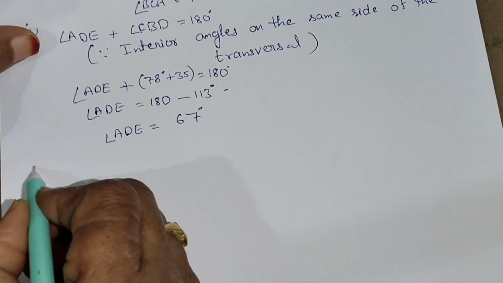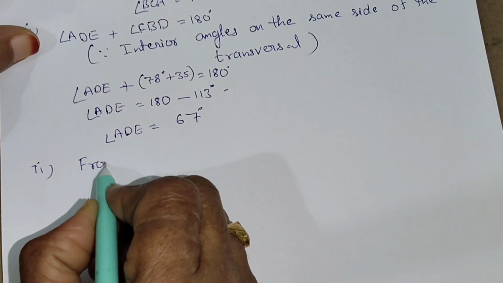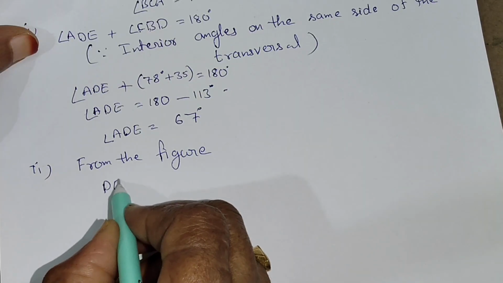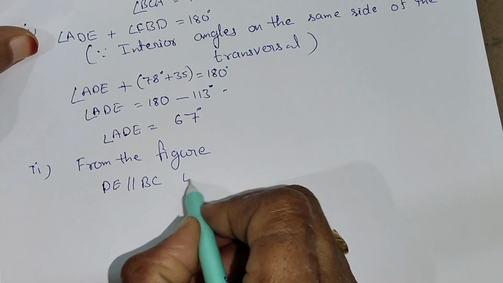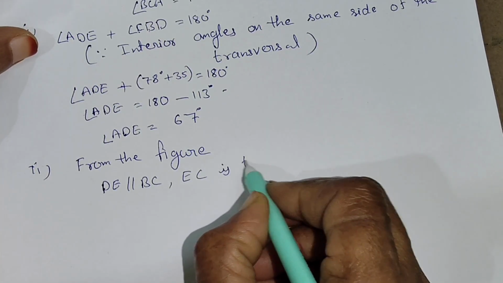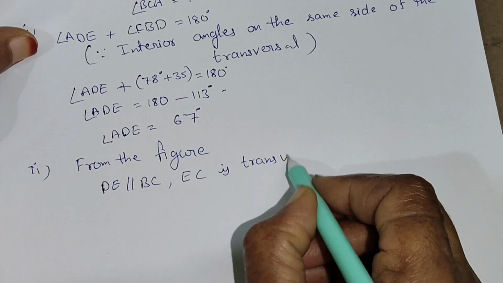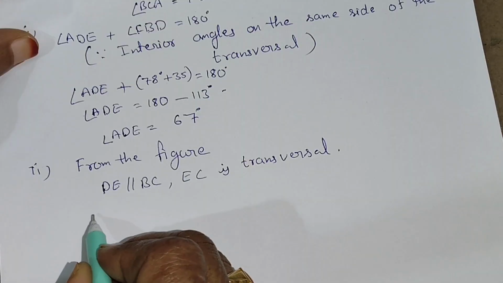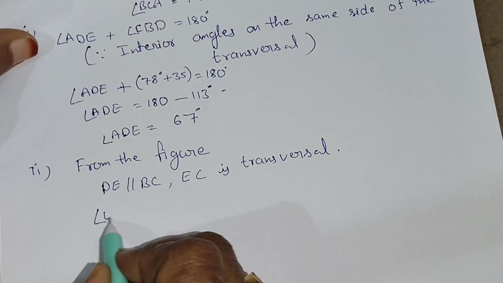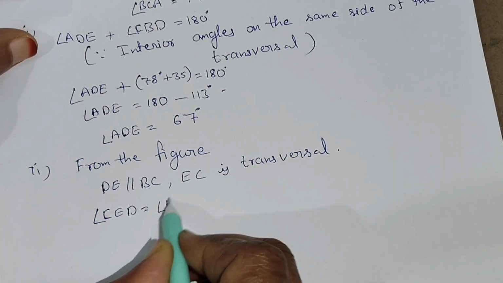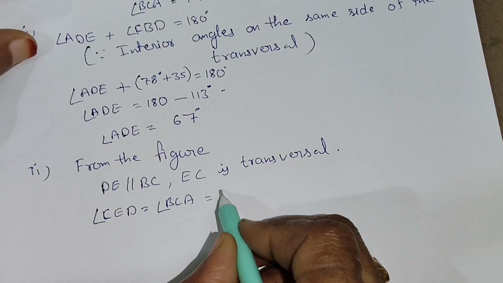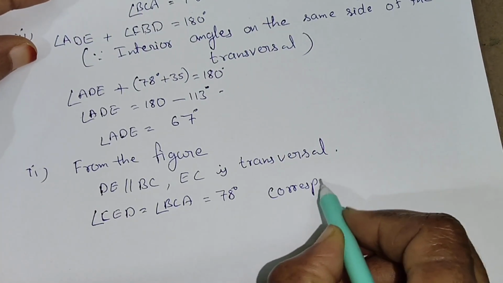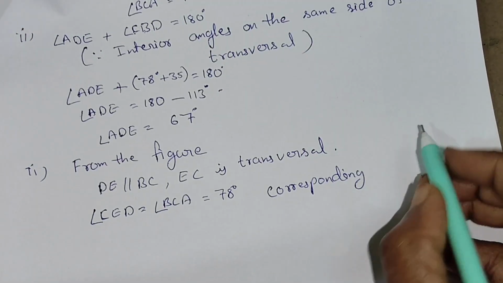From the figure, DE is parallel to BC and EC is a transversal. So EC is a transversal means angle CED equal to angle BCA equal to 78 degrees, corresponding angles.